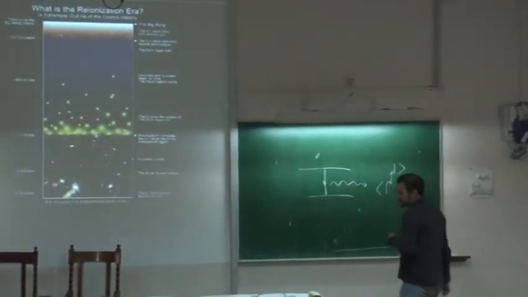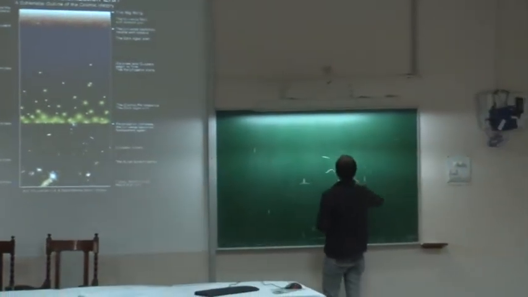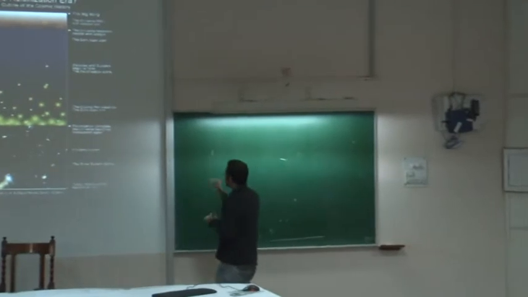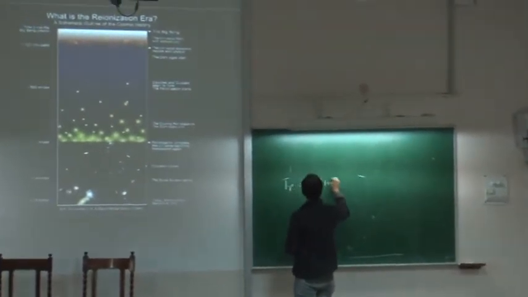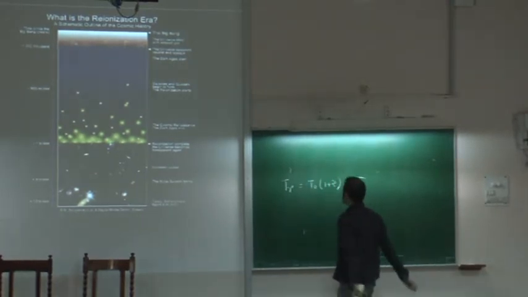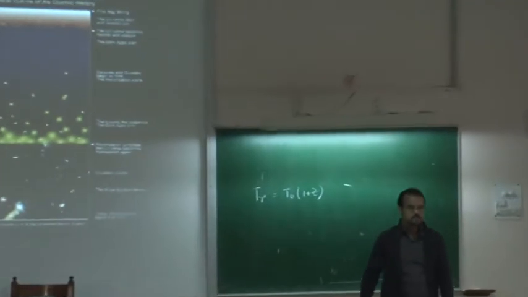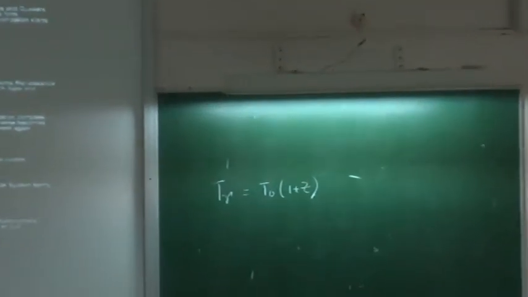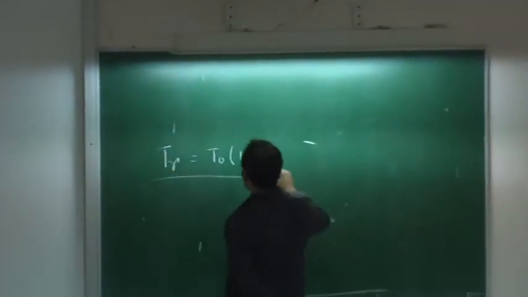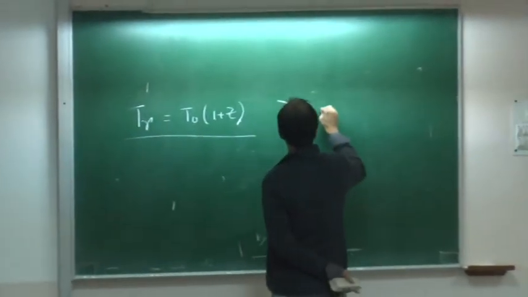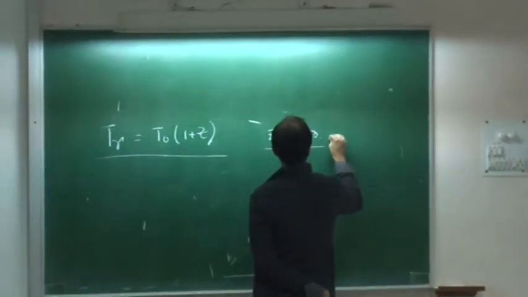How is the CMBR temperature falling? It goes as 2.7 times (1+z), so it is just linear with redshift, and Z equals 1000 is the decoupling epoch.